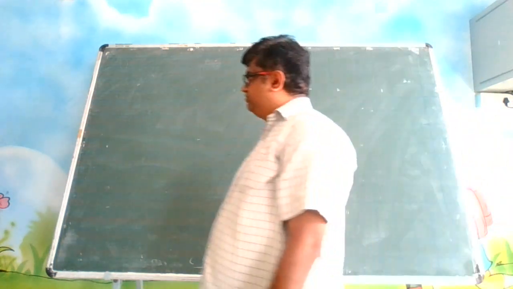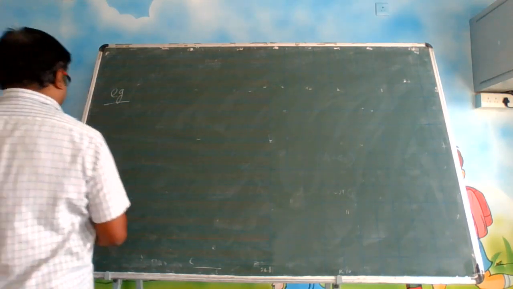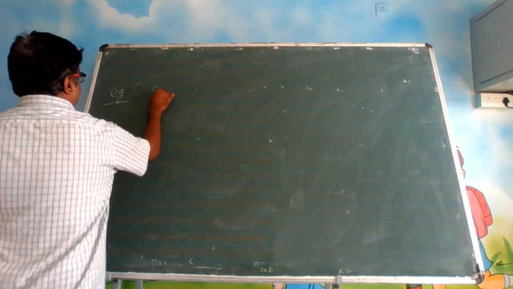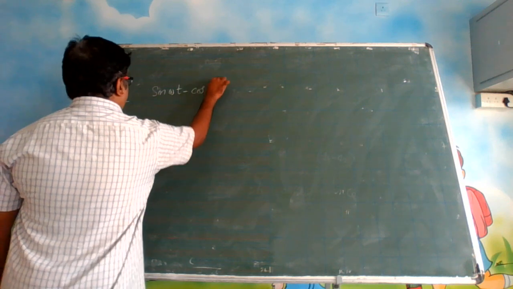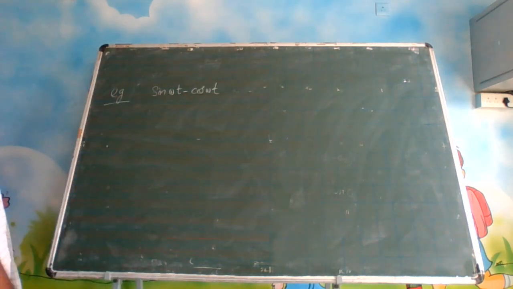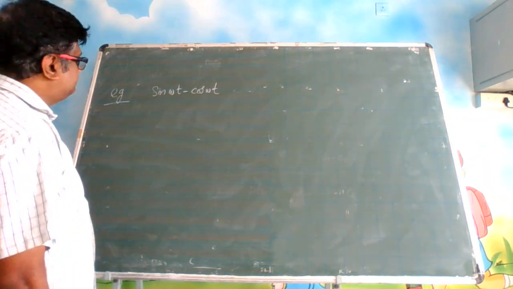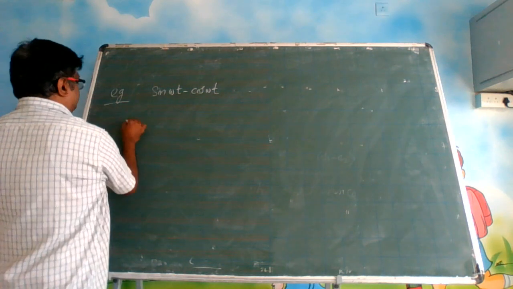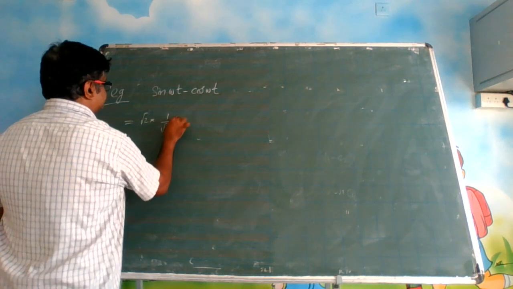You see some illustrations. Let us say the first question. Suppose sin omega t minus cos omega t is given to you and it is asked whether it is a simple harmonic motion or not. So how to find out this? We have seen one procedure. See, you can do one thing. Can I write it like this?